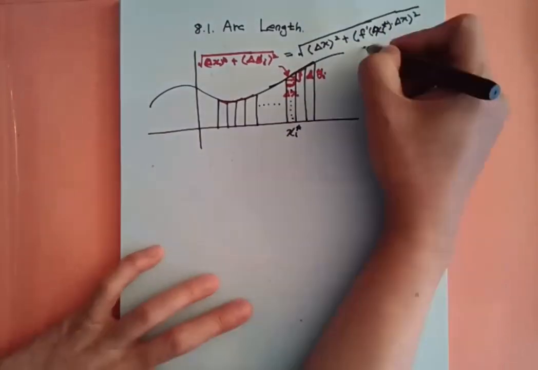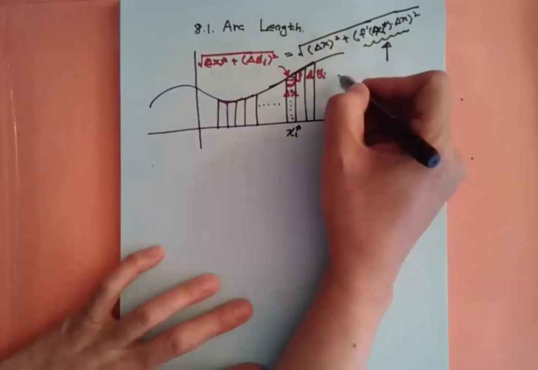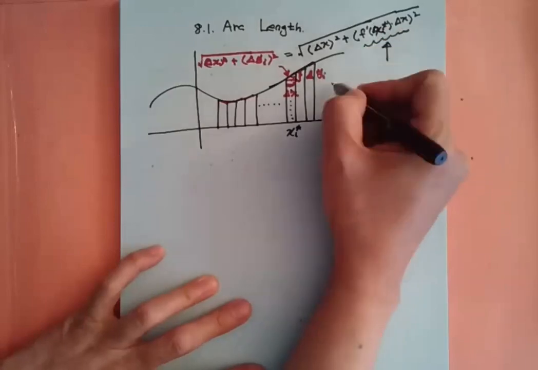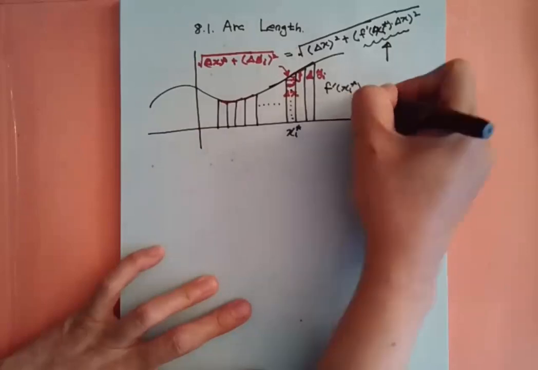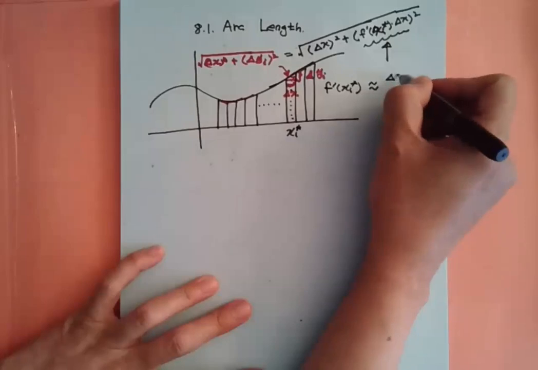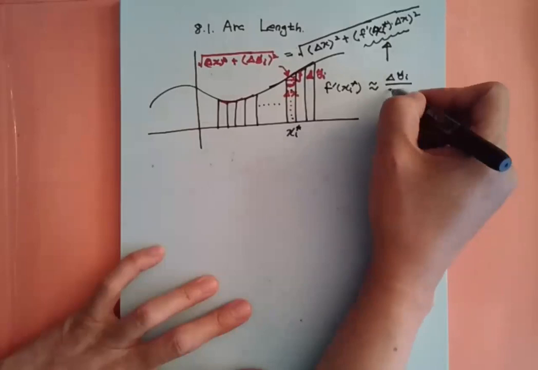So this one came from this: f prime of xi is the tangent line at xi, and that is approximately delta y over delta x.